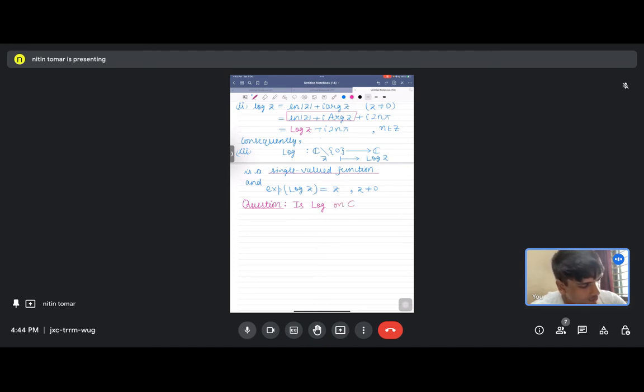On C minus 0. Is this function log z on C minus 0 continuous? Correct? Yes or no? We have defined a function, so we can check for its continuity. Rajesh, can we do that? This should be the next step, right? Yes, sir.